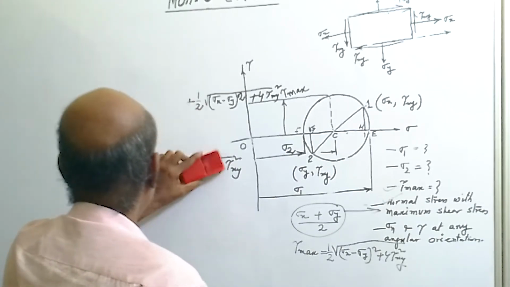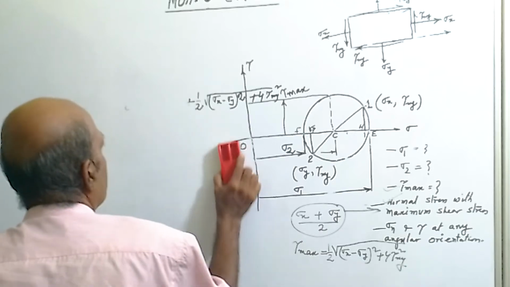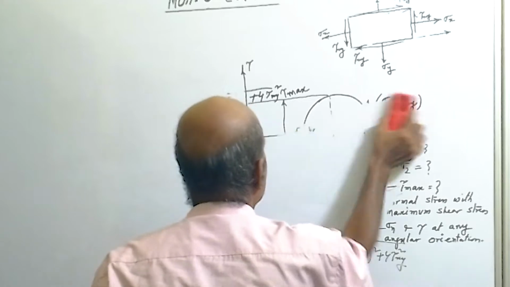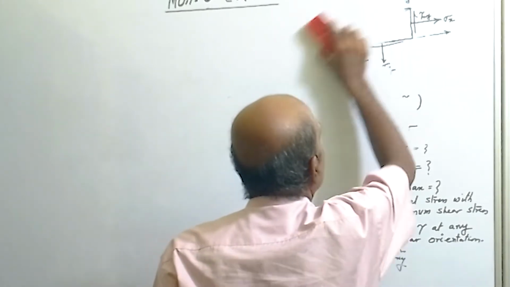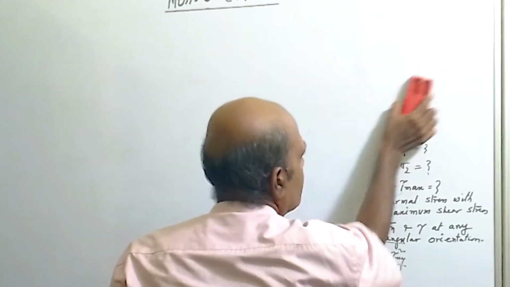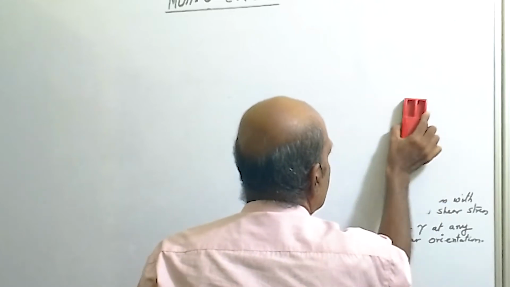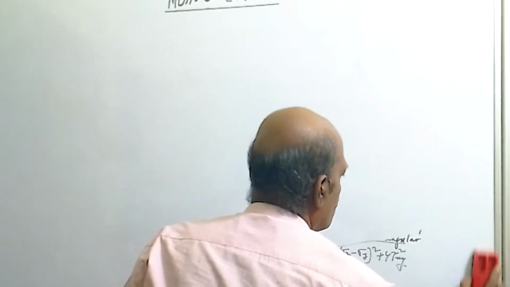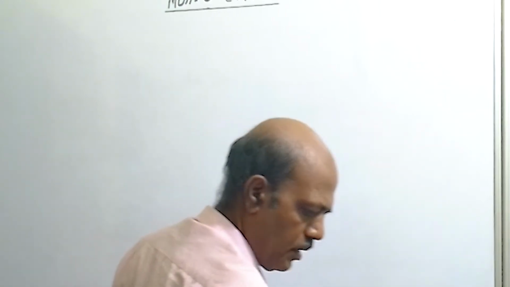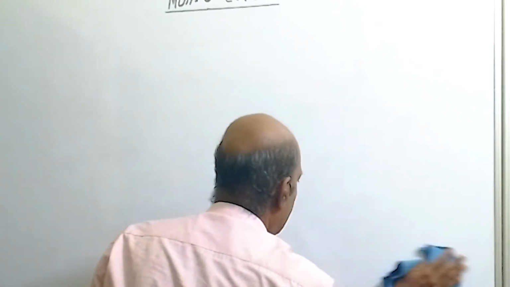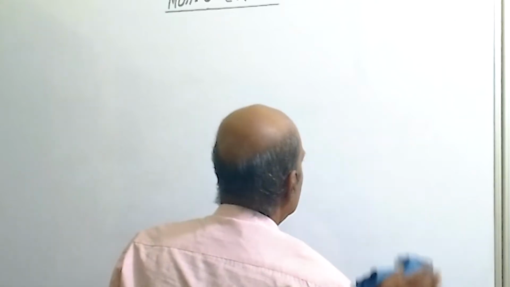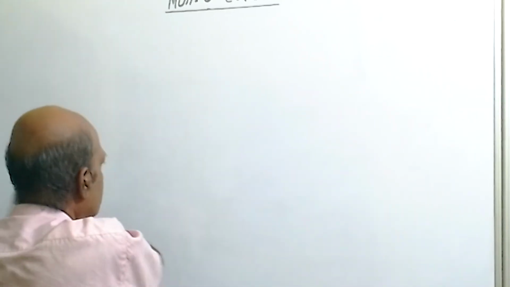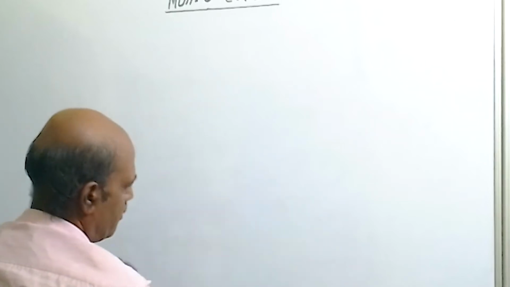We will take 3-4 cases and see how to draw the Mohr circle. We have seen so many cases, and again we will refresh the idea by taking sigma positive or negative as well as tau positive and negative.